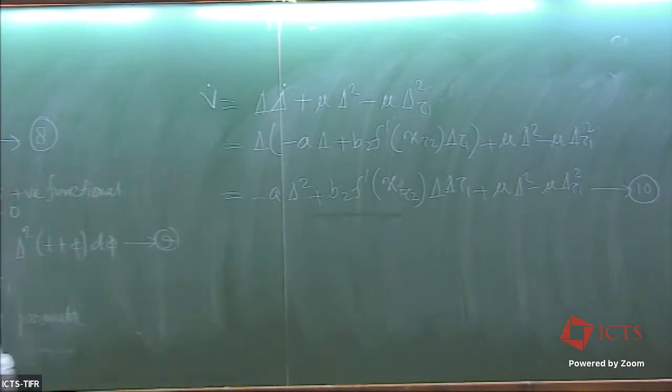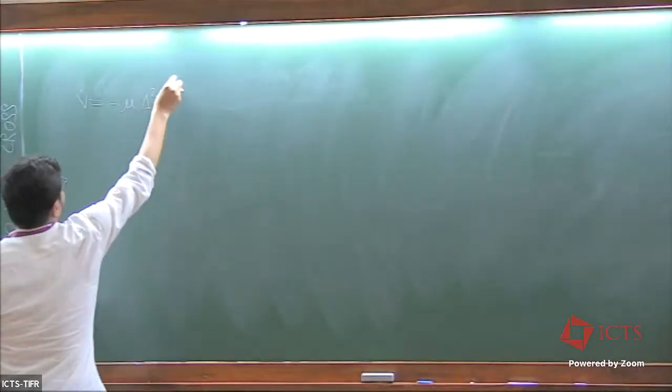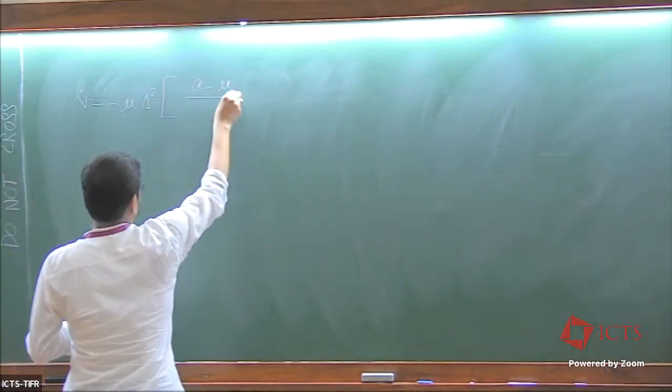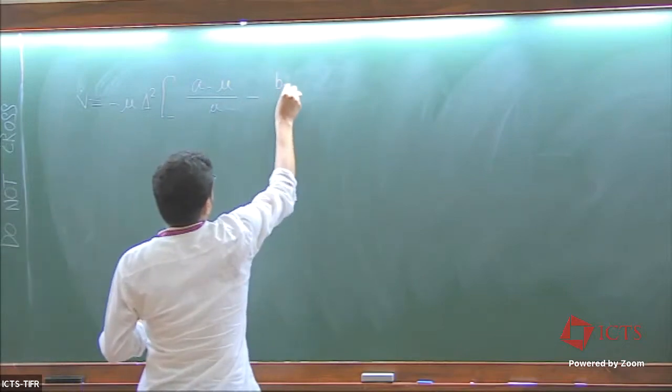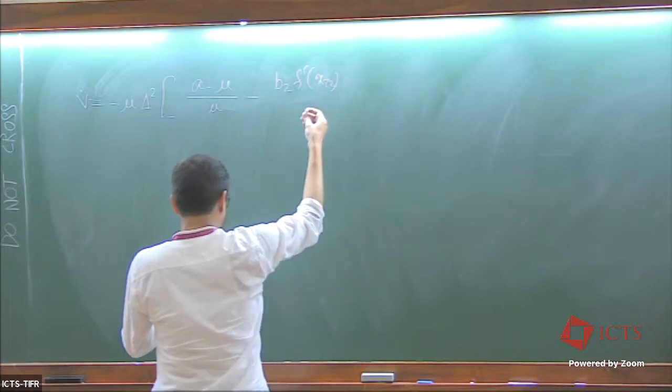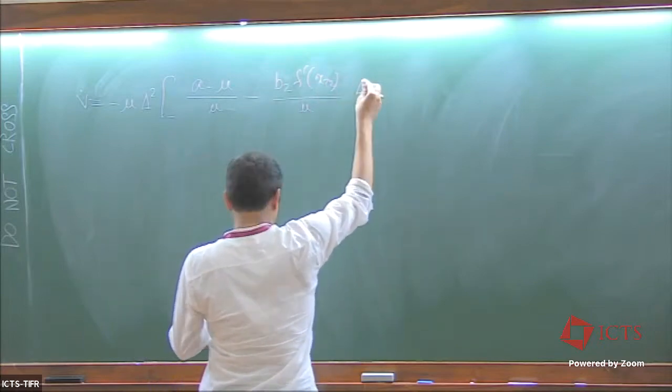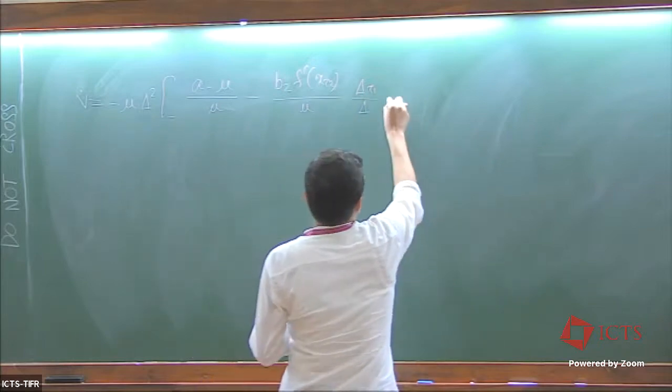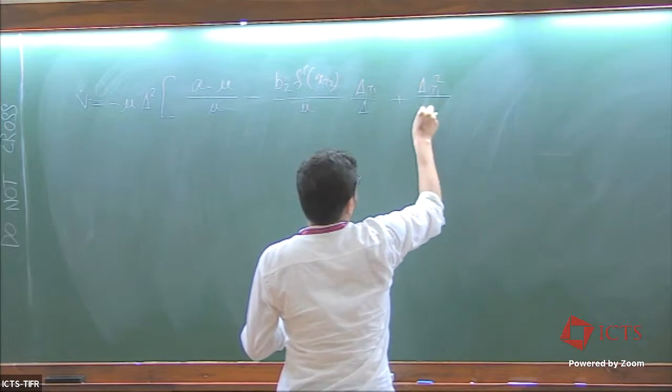So we can write V dot is equal to minus mu delta square as common part, times a minus mu divided by mu, minus b2 f prime x tau 2 divided by mu times delta tau 1 by delta, plus delta tau 1 square divided by delta square.